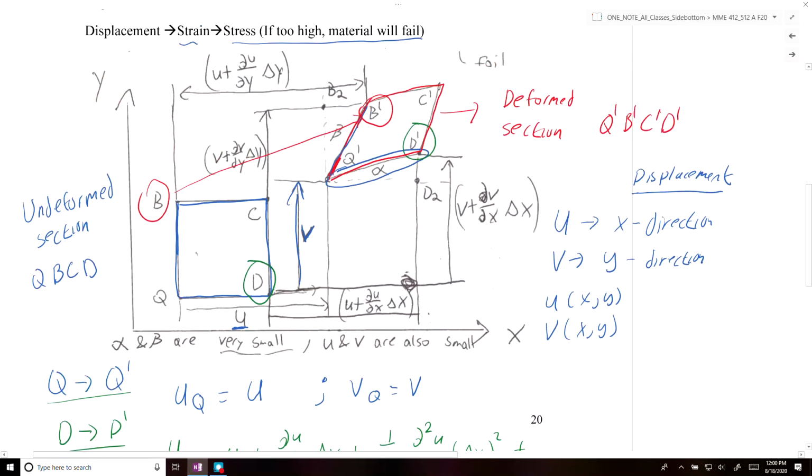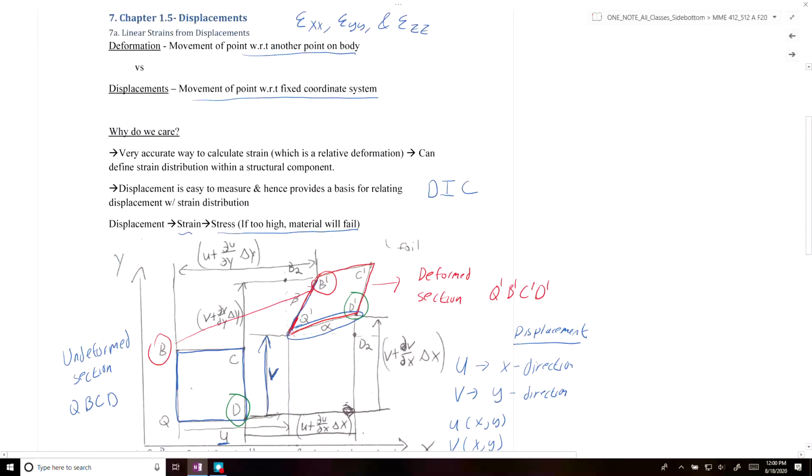All right. So you can use this knowledge, if you know the displacement of any point within a rigid body due to a stress, to calculate the deformation, which you can use to calculate the strain, and then you can calculate the stress.